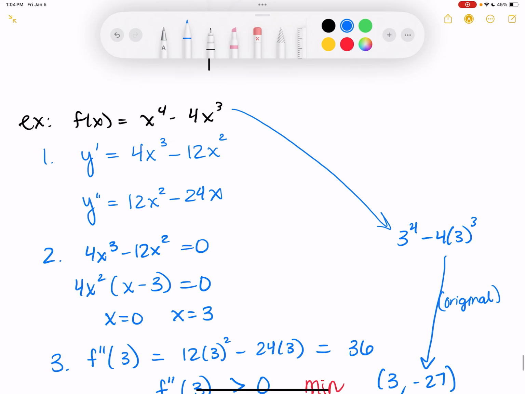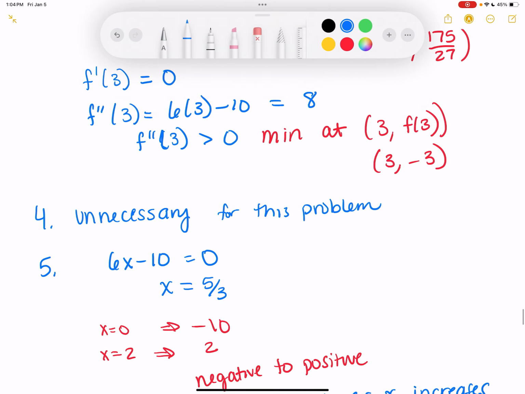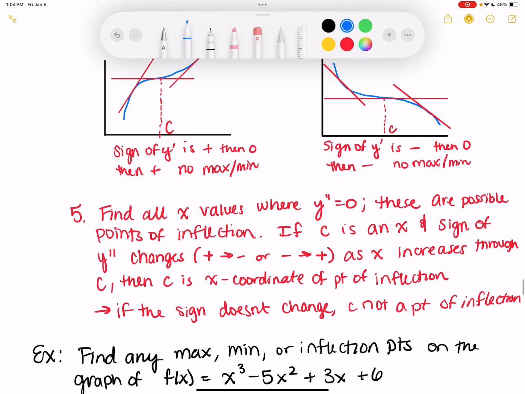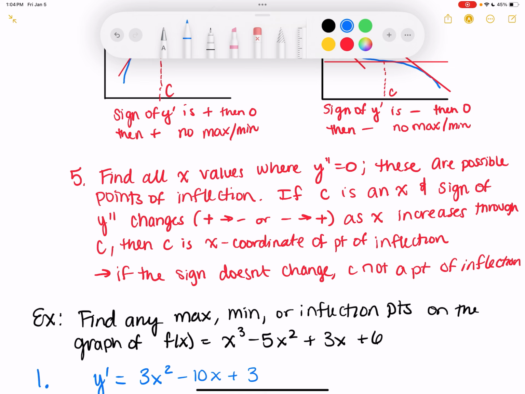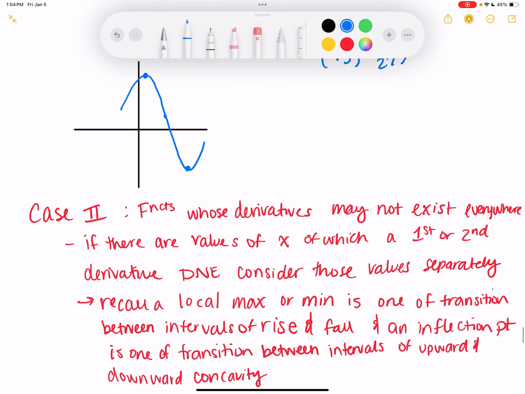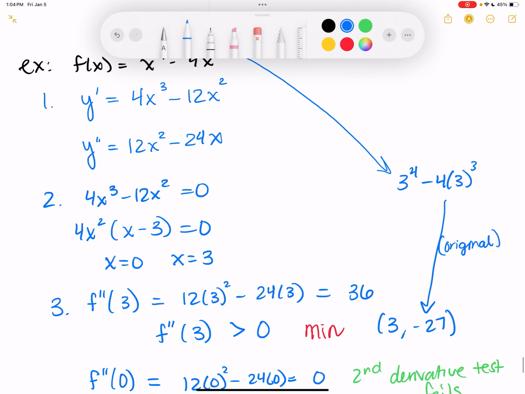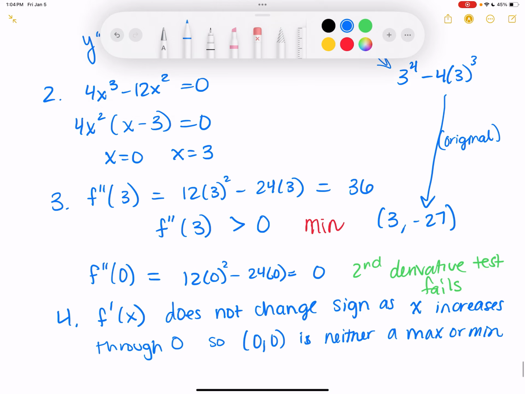What was step 5? I think it was points of inflection. Find all x values where y double prime is equal to 0, and then check whether the sign of the second derivative changes. Where is the second derivative equal to 0?